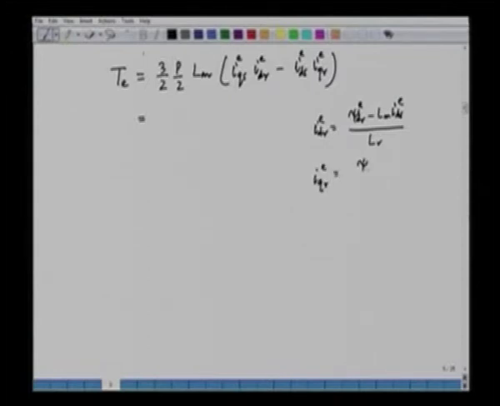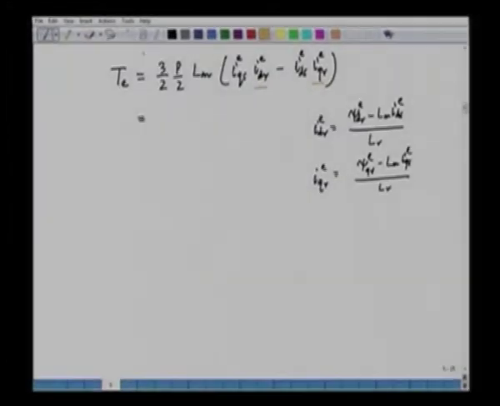IQR is psi QR minus Lm IQS by Lr. So if we substitute for this IDR and IQR, we can get back the torque expression in a different form.